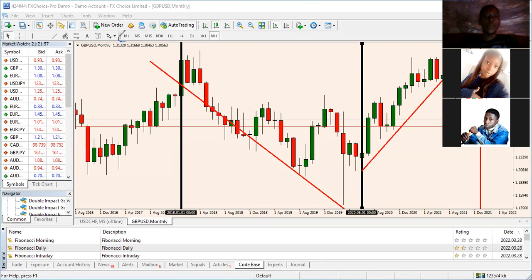This is the time frame as I'm marking using the writing material. And as you can see, our current pair GBP USD is on a monthly time frame. Right? Do you get that?